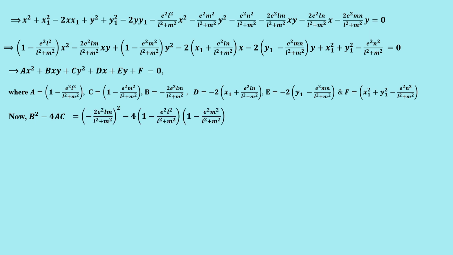So b square, substituting the value, right? We know the value of b, a, c: minus 2 e square lm by L square plus m square, the whole square, minus 4 into a, 1 minus e square L square by L square plus m square, into c, 1 minus e square m square by L square plus m square.